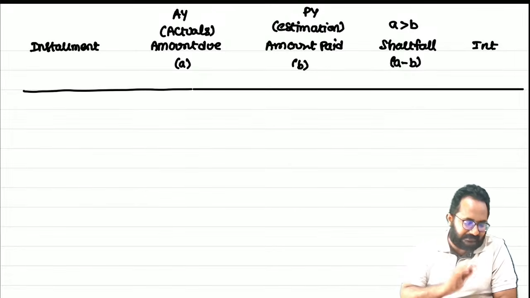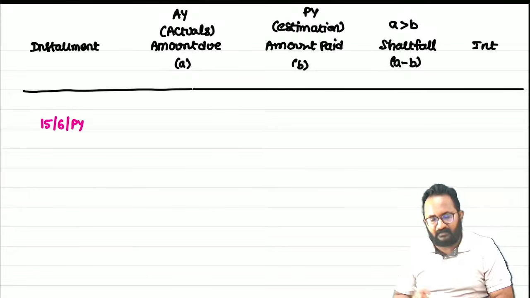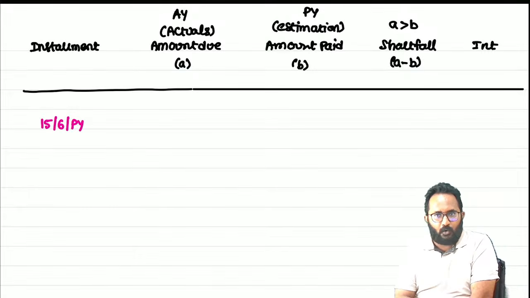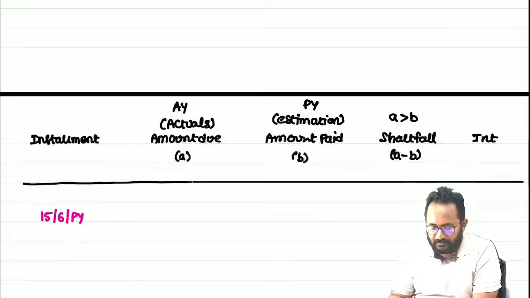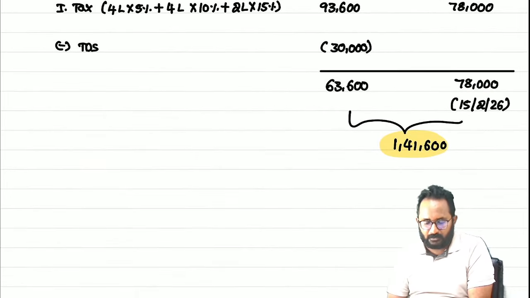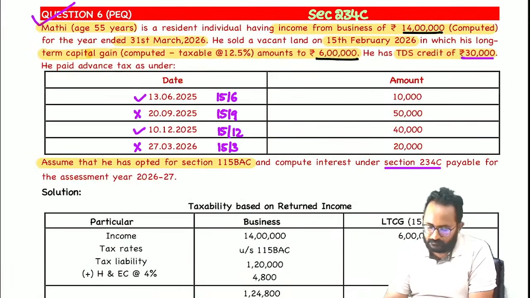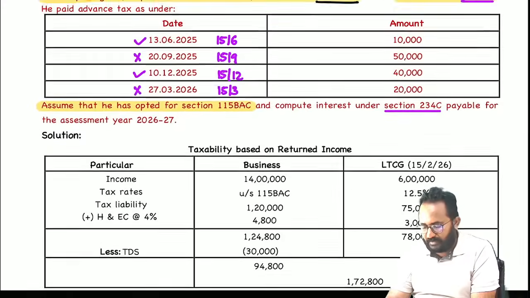Tell me, the first installment is what? 15th June of the previous year. How much amount is due? Remember, at that time we don't know 78,000. We know only 63,600 at that time.